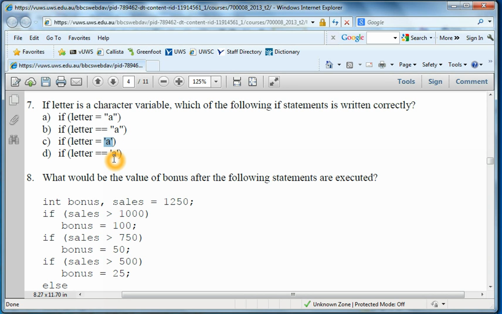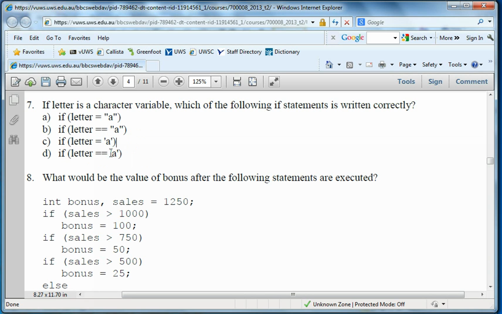And then we see, if we were going to compare, because within an if statement we cannot assign a into the letter. Even though there's nothing wrong with this statement, letter equals a, we are storing value a into letter. We cannot do that within an if statement, because within an if statement we must have a Boolean expression, which means comparison.